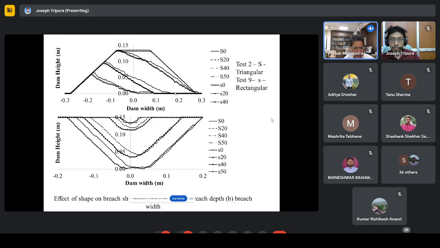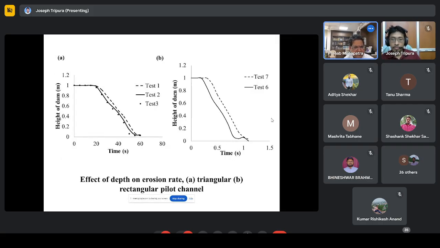These are similarly, please go ahead. This is again on the erosion rate. Erosion rate, not in hydraulics but from a geotechnical point of view, is a very important parameter.